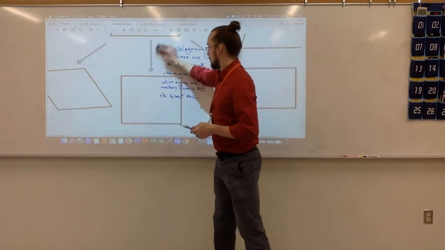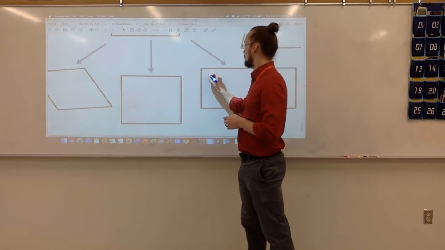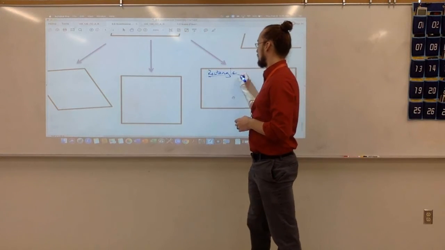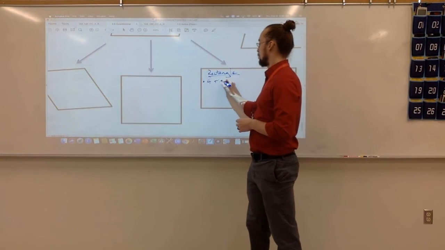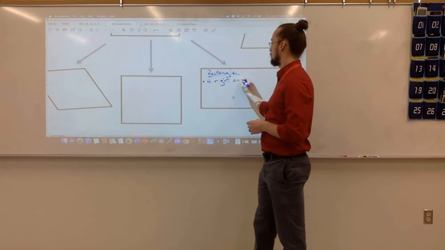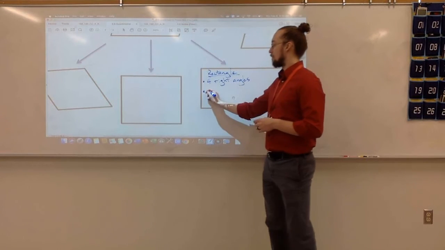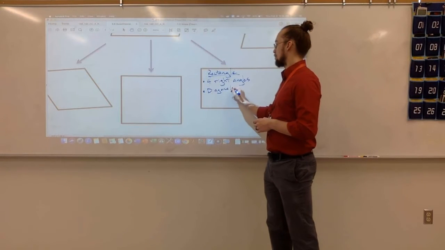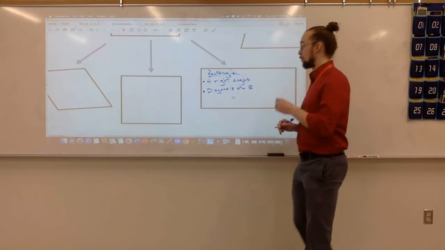So in a rectangle, we have four right angles, and the diagonals are congruent.